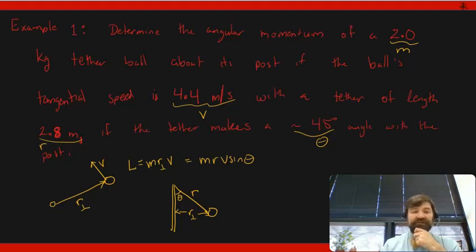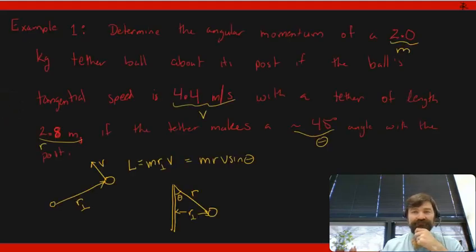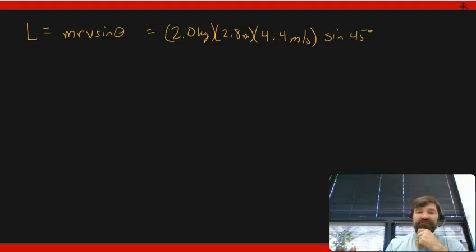So basically what you would do to solve this is, again, L is m r v sine theta. Using the numbers given, the mass is 2.0 kilograms, R is 2.8 meters, V was 4.4 meters per second, and then sine of 45 degrees, which is root 2 over 2.